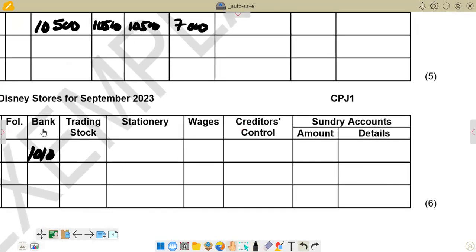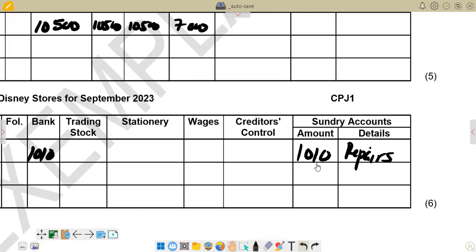So we are saying this is repairs. Repairs doesn't qualify under stationery, wages, creditors control, it doesn't qualify. So if it doesn't qualify here, proceed to the sundry account section. So we come here, we are saying 1,010. For the details, we put repairs. This is what we have.